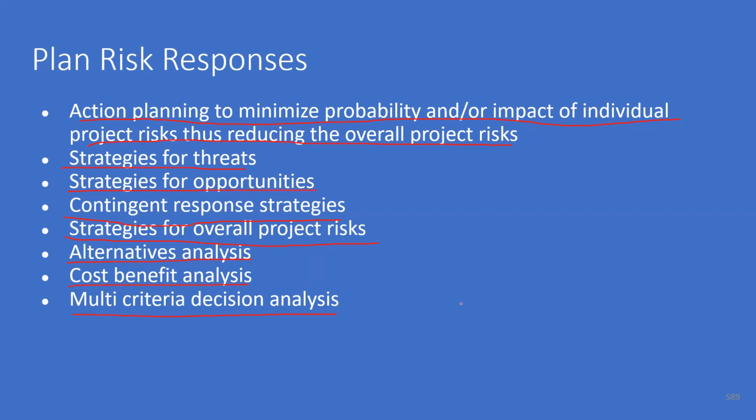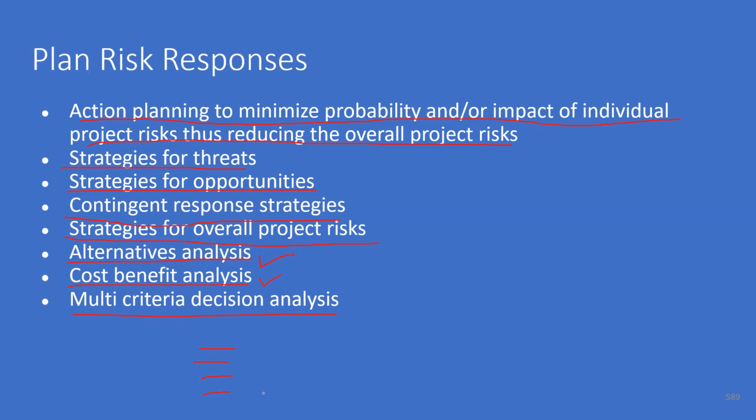So maybe we manage risk by substituting the materials involved. If a risk is going to happen because of poor raw material, poor supplies, we need to do alternatives analysis and go after those alternatives. And for that, we may do cost benefit analysis and a multi-criteria decision analysis.